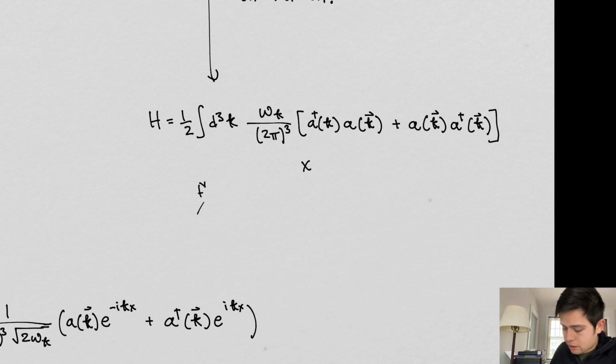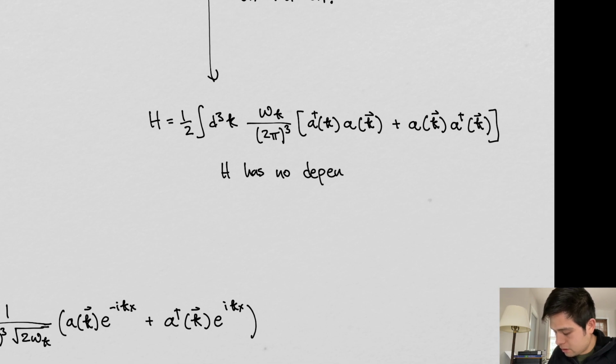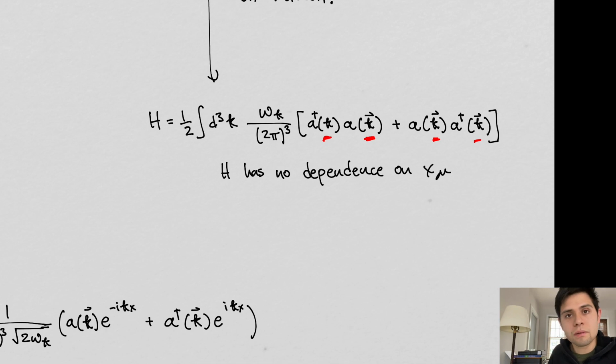And so I'll write this down here. So H has no dependence, we can say, on, all it really depends on are these k's, the value for these vectors k, these four momenta.